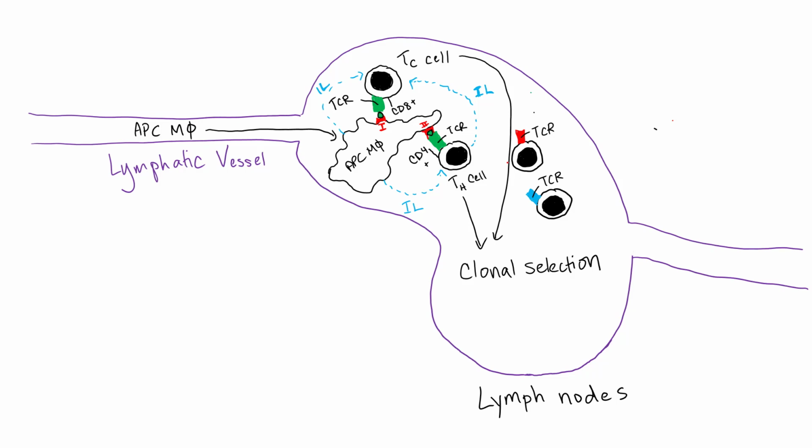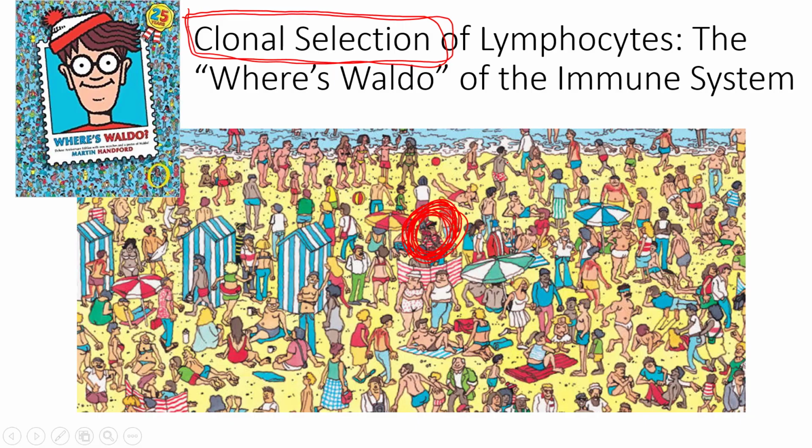I always found this process analogous to the cartoon book that I remember playing as a kid, the Where's Waldo cartoon. In the Where's Waldo cartoon, you have to search through these very elaborate pictures of people, and you have to locate Waldo. You could see here, Waldo's in the middle.